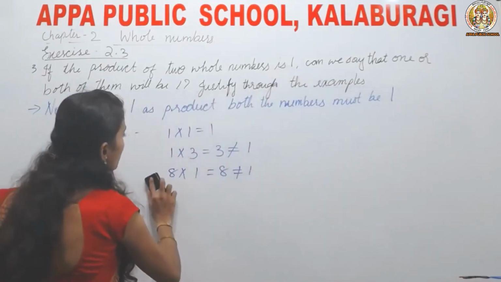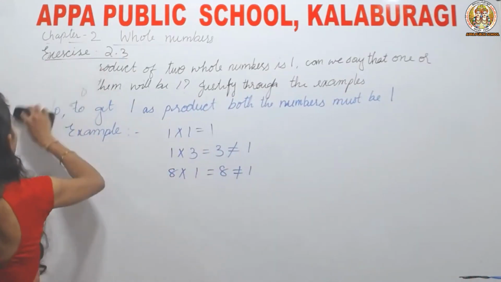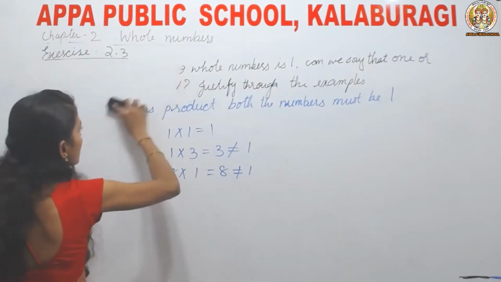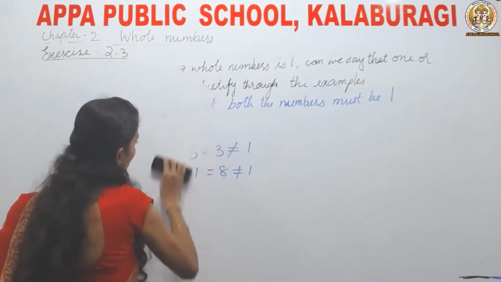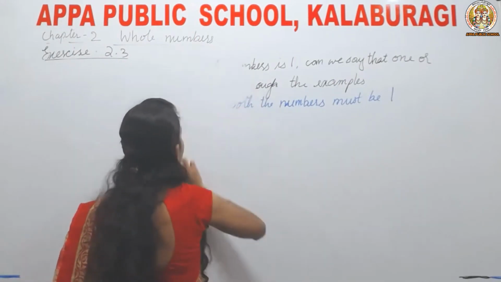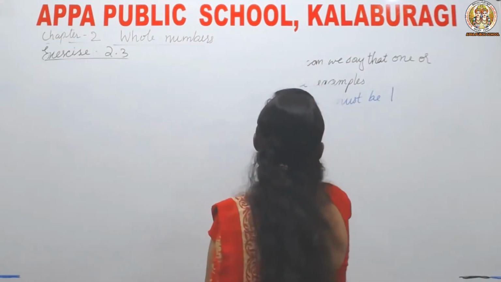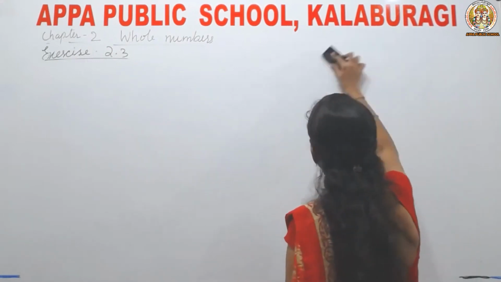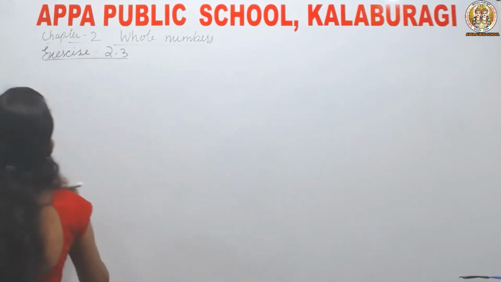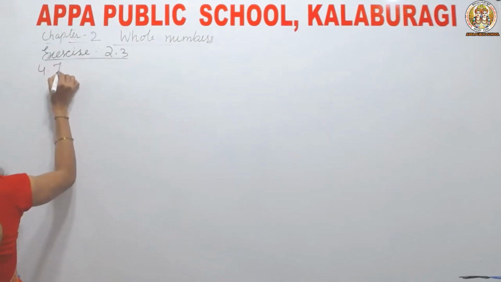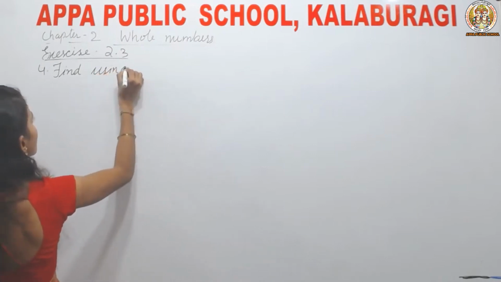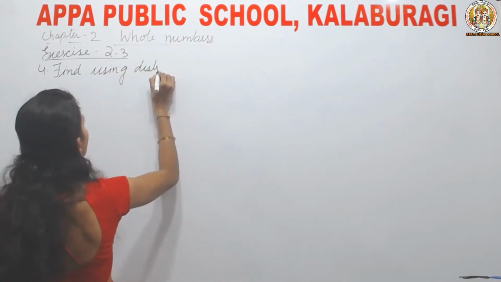Yes. Next bit is based on distributive property. They have clearly given to use that property. You have to use it. Already you have solved it in the second exercise by splitting the numbers. Same way you have to do now also. Find using distributive property.